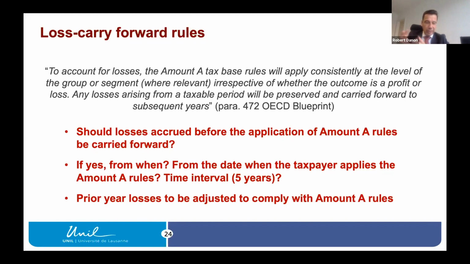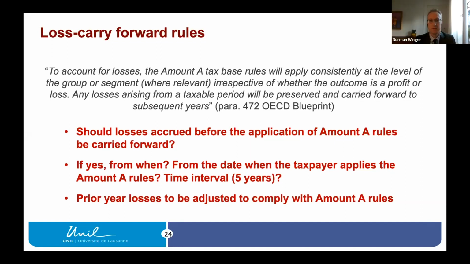But of course, the tension, and Guglielmo actually mentioned it, is that Amount A is an add-on, but at the same time, we're still in the range of corporate income tax, and therefore still in the range of the ability to pay principle. And if you test the system in light of the ability to pay, it militates in favor of taking into account the losses. So there is obviously a tension.